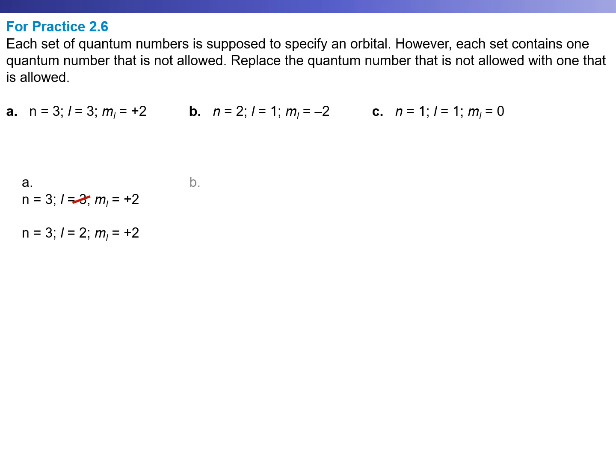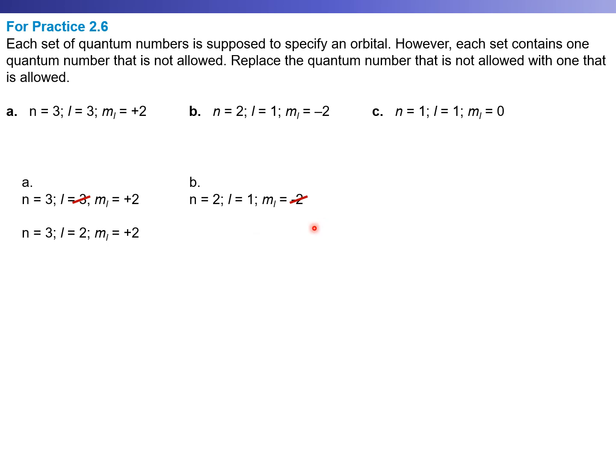What about set B? Here are our values: our principal is 2, our angular momentum is 1, and our magnetic number is -2. So what do you see? Well, our principal is 2, which means our angular momentum has to be 1, so those two are correct. The problem is in our magnetic number, which really can't be beyond this, positive or negative.